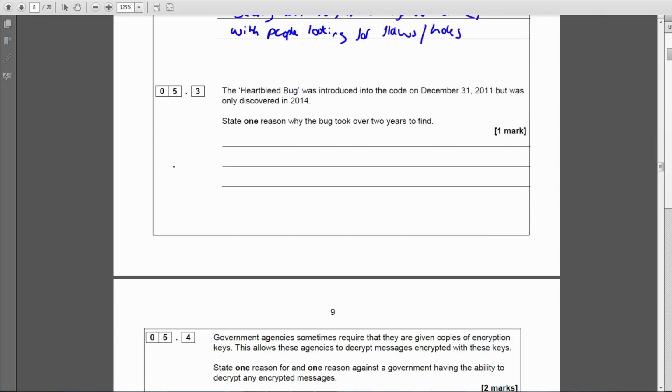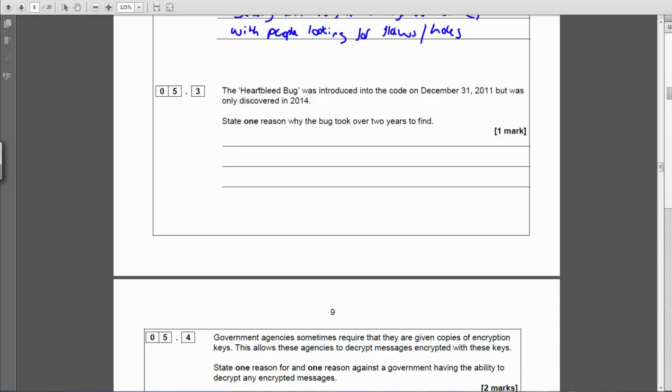The third part of the fifth question: this bug was introduced into the code on December 31st, 2011, but was only discovered in 2014. State one reason why the bug took over 2 years to find. It's only 1 mark. There are probably loads of reasons.